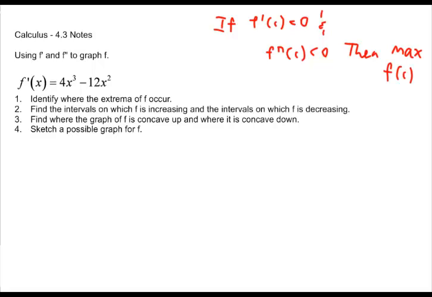And then if f prime of c is equal to 0 and f double prime of c is greater than 0, then we have a minimum. Okay? Those are some things that we can look at when we are working these problems out.